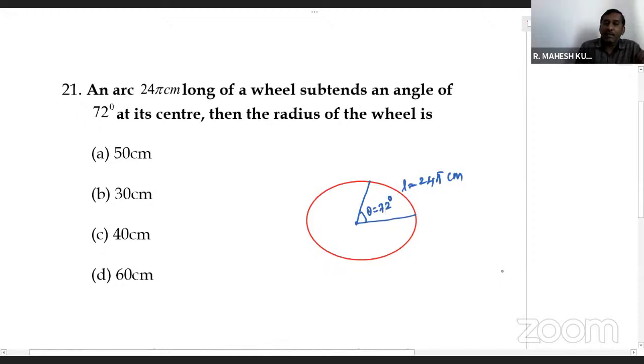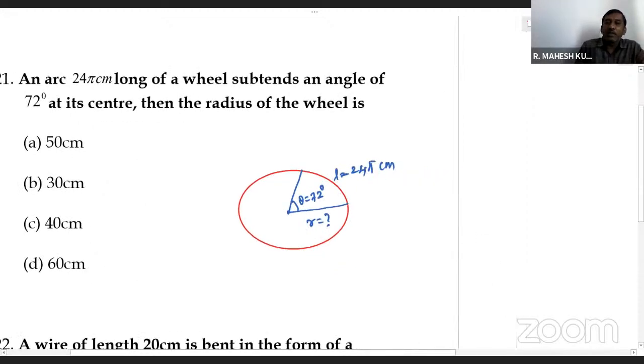Then the radius of the wheel, R, is what you are supposed to find out. So theta is nothing but 72 degrees. First you should convert this theta into radian, otherwise you can't apply the formula. So now this is 72 into pi divided by 180 I can write. So 36 2s are 36 5s are.